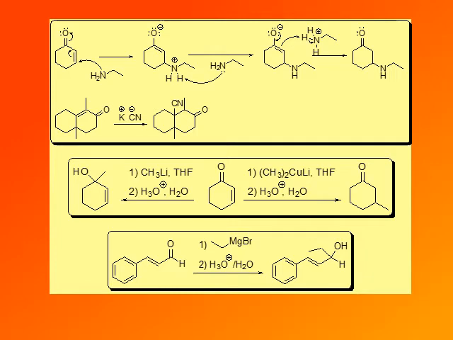Here are some examples of 1,4 additions. So 1,4 addition occurs when we have what we call a soft nucleophile. Soft nucleophile is nucleophile that is not charged and where charge is maybe possibly a bit diffuse. So nitrogen is not charged, so it's a soft nucleophile.